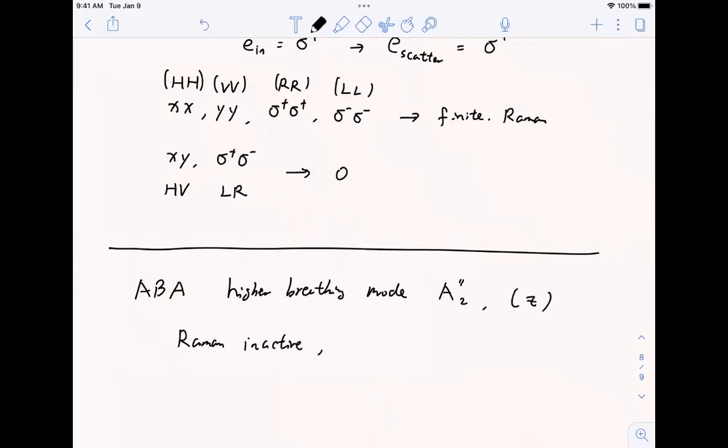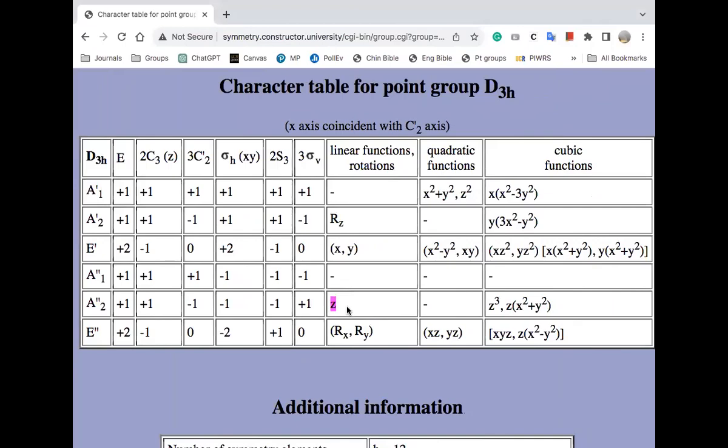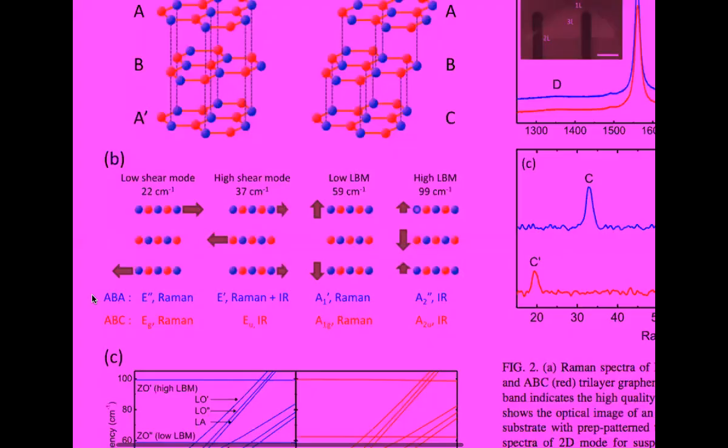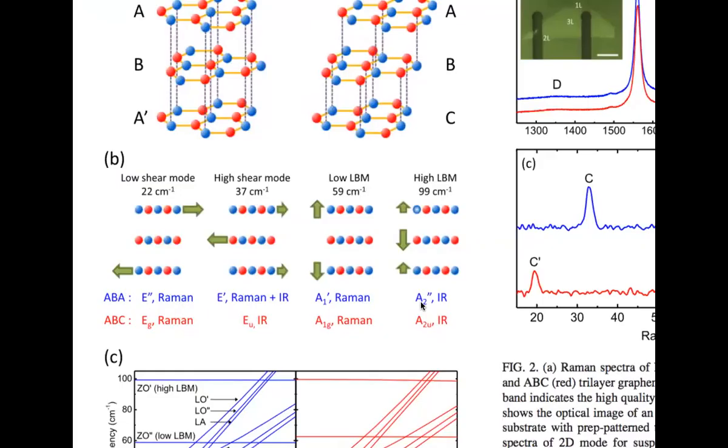This is a Z representation. Then we're done with this row. Not that difficult, right? Just simple linear algebra.